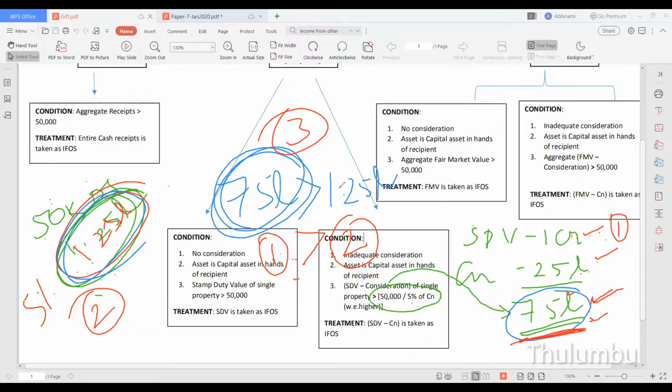Third step, check whether value number 1 is greater than value number 2. If value 1 is greater than value 2, then the 75 lakhs, value 1, is taxable as income from other sources.